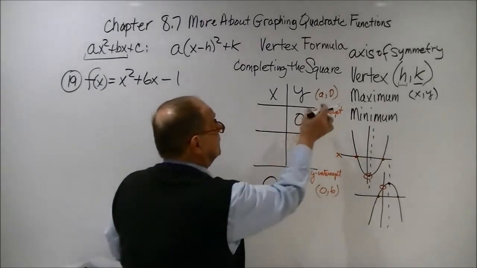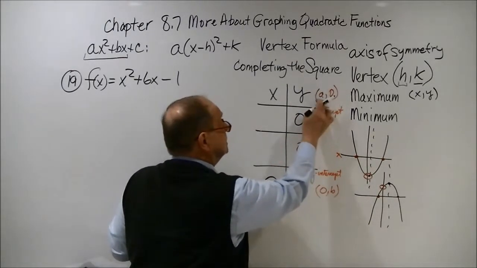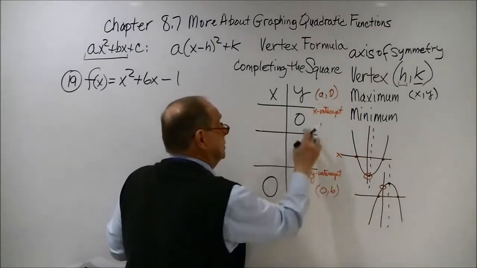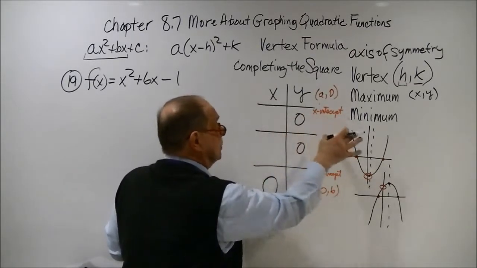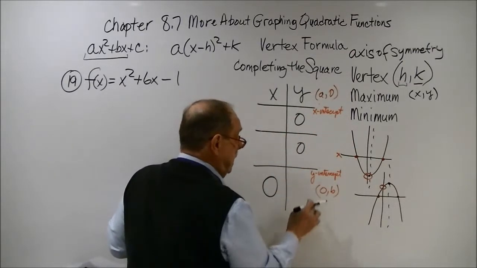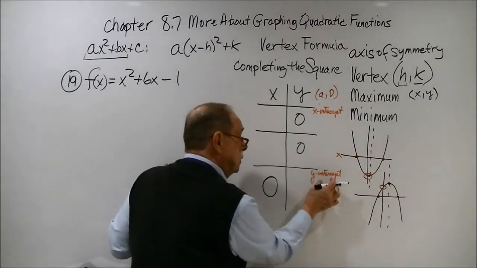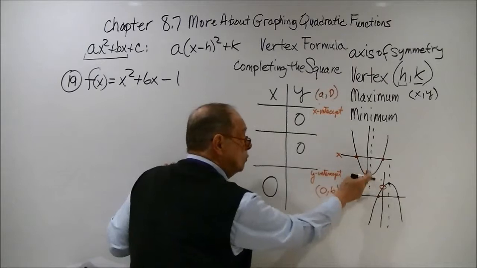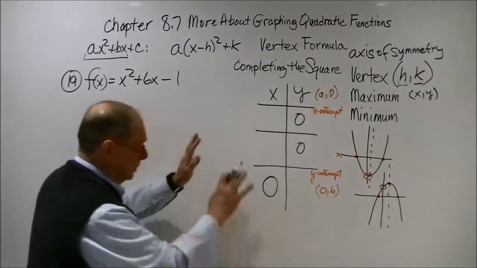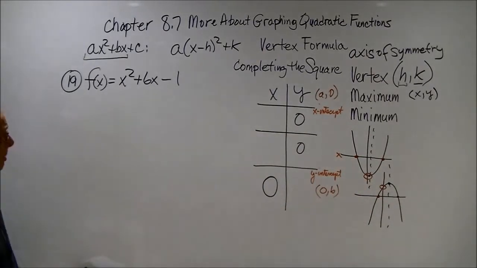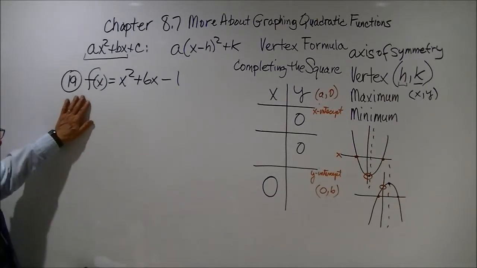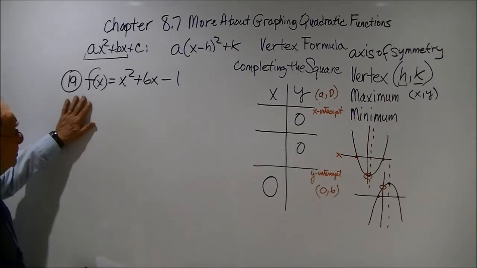So this gives us the form of the x-intercept, which is a comma 0. And we have 2 of them for a parabola. And 0 comma b for the y-intercept, and we have one of those. So that's what we're looking at. That's a little bit of the background. And here's our equation.